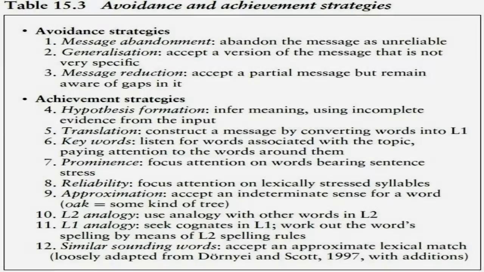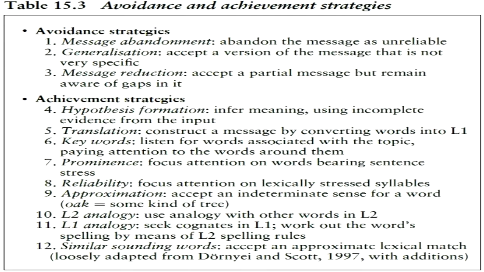Table 15.3 Avoidance and achievement strategies. The avoidance strategies are based on the message that is in the listening. It's basically how you decode the message in 2 steps: generalization and message reduction. And then we have achievement strategies.